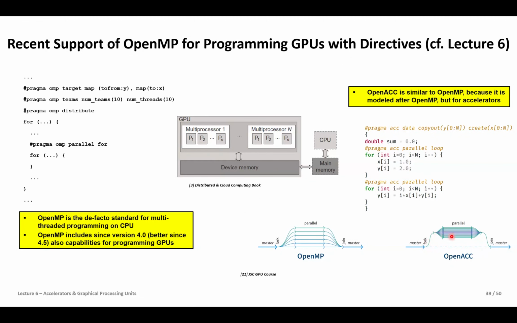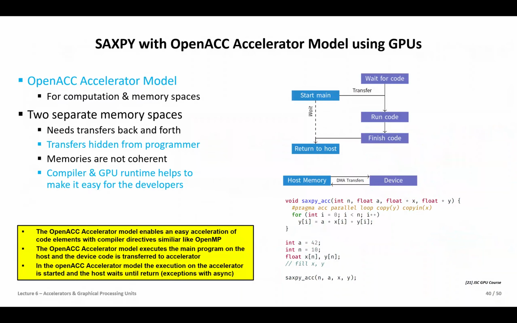But instead of using this now with parallel threads on your CPU, you use a device, basically the many-core GPU with many of these parallel cores. So in a way, a relatively straightforward step, which is now supported by OpenMP as well.